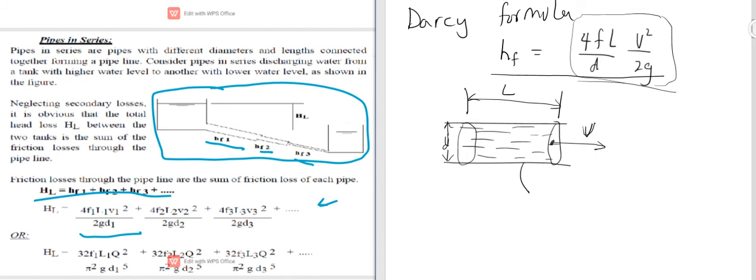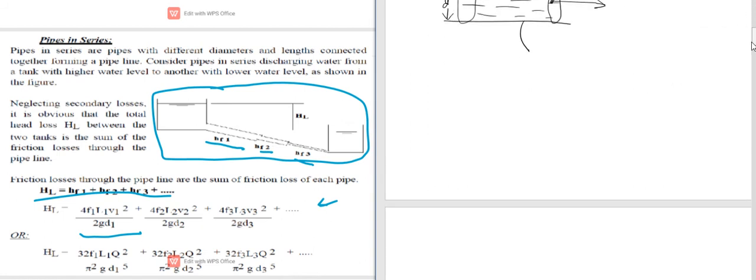Okay, so now the total head lost is given by HL, which is equal to the total loss. In the case of this system that we have here, according to our note, let me first say that there are 2 ways that pipes can be joined together, in parallel or in series.